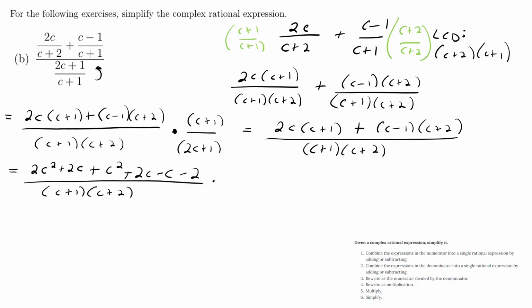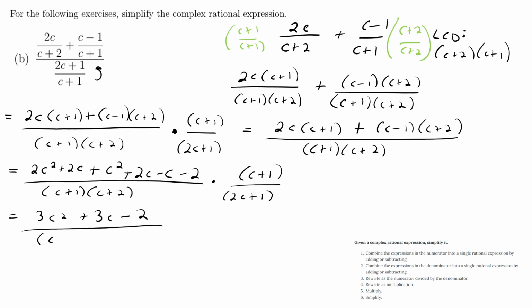So notice I'm not simplifying that denominator there because I see this c plus 1 that I think I'm going to be able to cancel out, right? Let's see what the new numerator will be. So I've got 2c squared. I've got another c squared. So I think that's going to give me 3c squared. I've got 2c plus 2c, so that's going to be 4c minus c. So plus 3c. And then I've got minus 2, all over c plus 1, c plus 2, times c plus 1 over 2c plus 1.